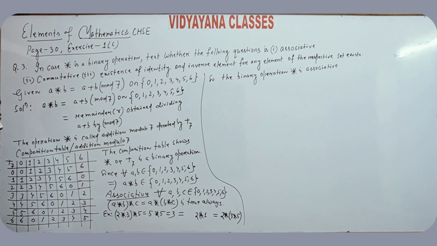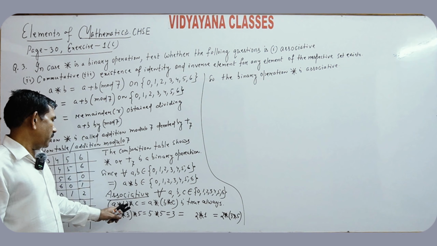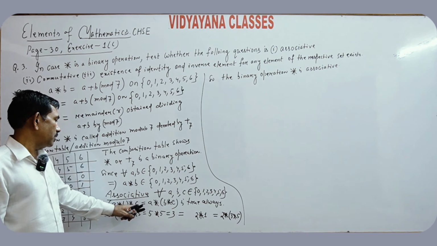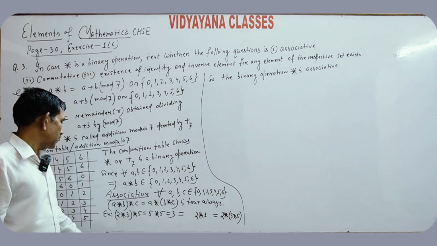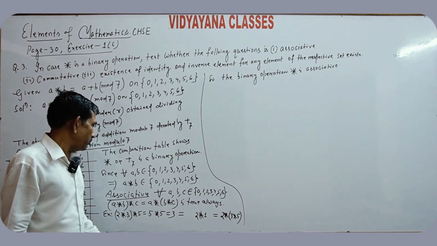Clear? Since (A star B) star C is equal to A star (B star C), this is the example of the above.